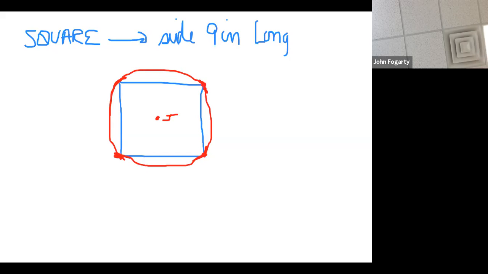So what I would say is that my square is inscribed in circle J. Or I would say that circle J circumscribes my square, right? So here's what I know.